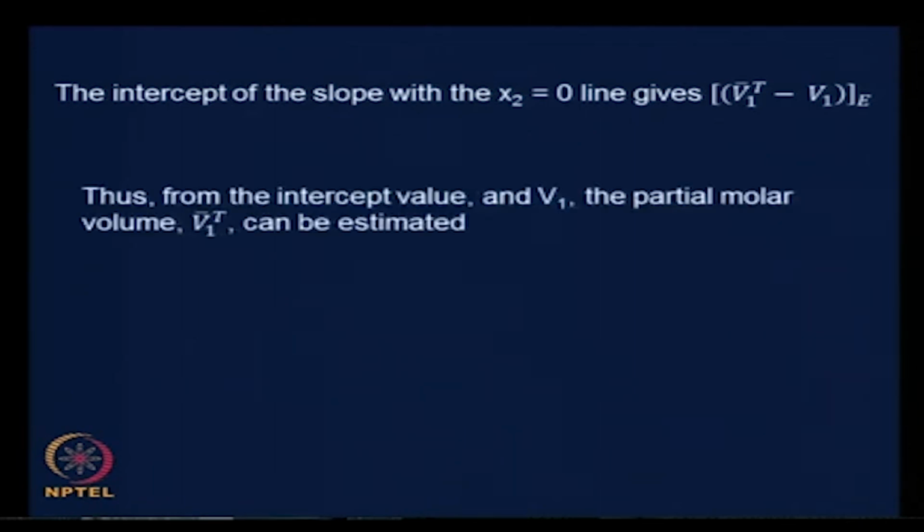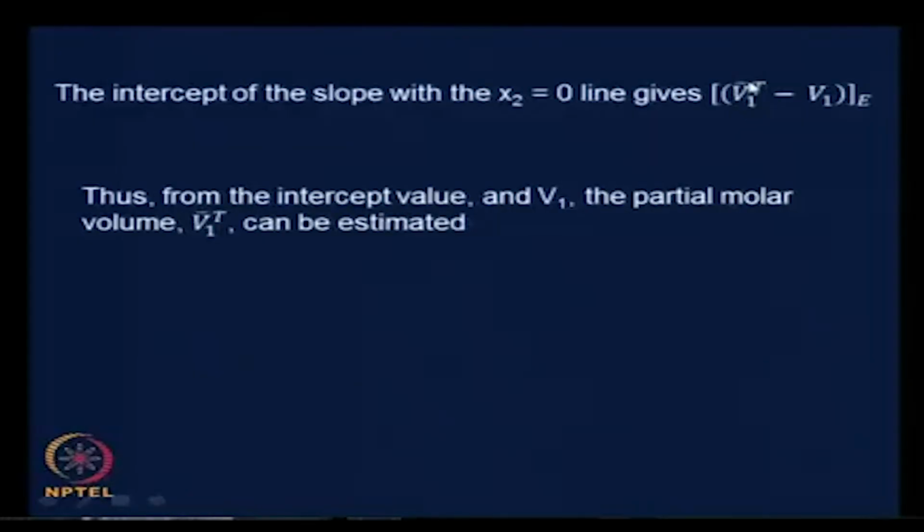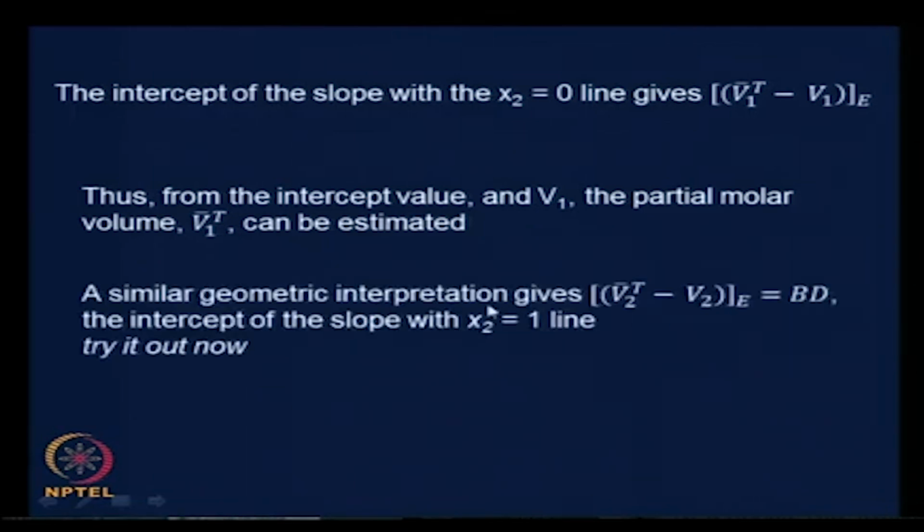I have been using hash, dash and bar, please take them as being used interchangeably, they all mean the same, at least in this local context here. So V1t hash, and this was given as an exercise to you.